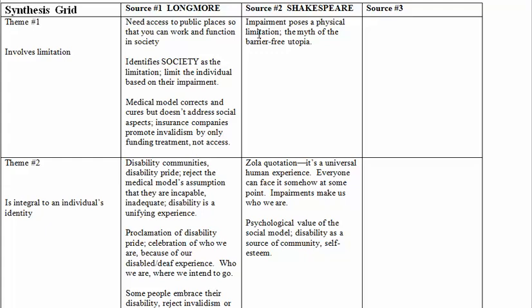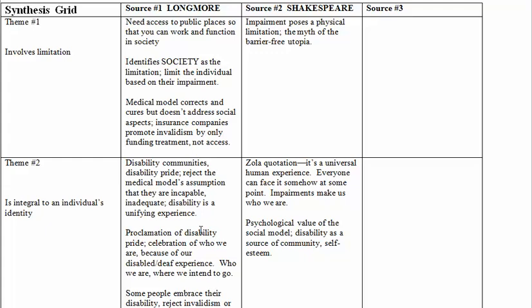When I looked at Shakespeare, I looked at limitation in a slightly different way. I looked at impairment posing a physical limitation, and I talked about his concept of barrier-free utopia. When I was working here with theme 2, I was thinking about the way that disability is integral to an individual's identity. I focused on disability pride and disability communities as they're discussed in Longmore and how they reject the medical model's assumption of incapability.